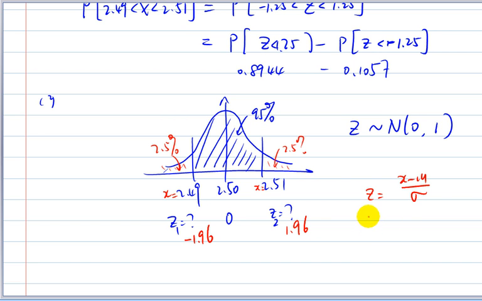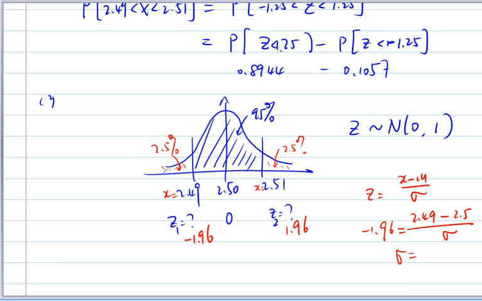You can use either one. Negative 1.96 equals 2.49 minus mu 2.5, divided by sigma. Solve for sigma, and you get the new sigma that's supposed to place 95% of your ball bearings within that range.